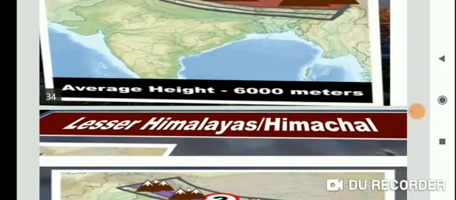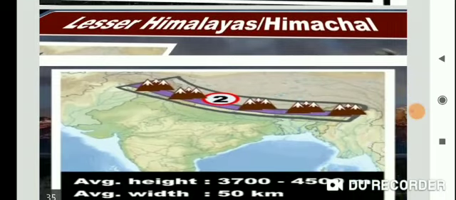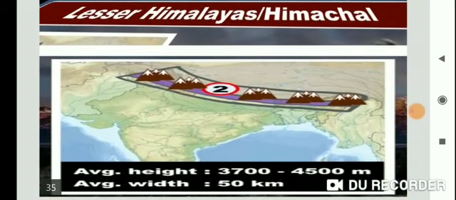Now next, the lesser Himalayas, or Himachal. This range lies to the south of the Himadri and forms the most rugged mountain system. It is composed of highly compressed rock, with a height varying from 3700 to 4500 meters, and the average width of this range is 50 kilometers.